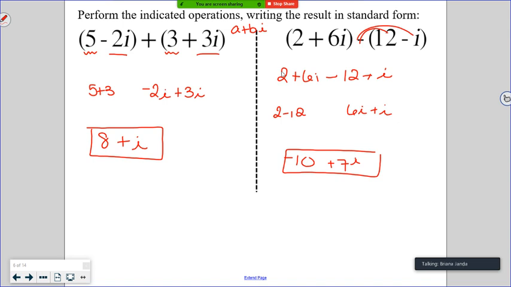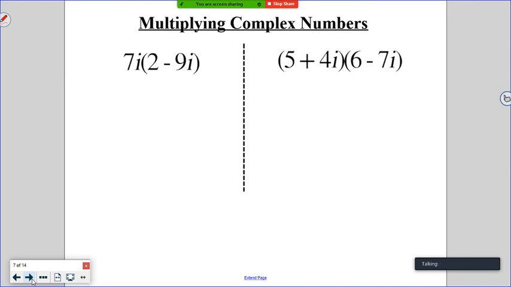Okay. All right. Any questions on the combining like terms? Then we move into the multiplication part of it. Initially, the multiplication part of it is going to look no different than multiplication would look again if they were x's.